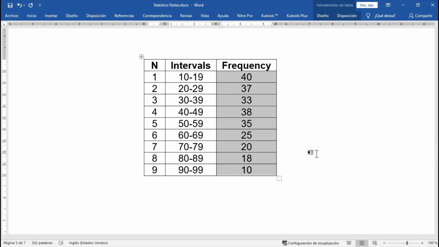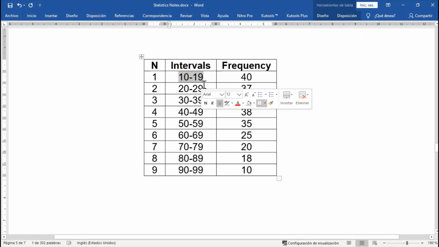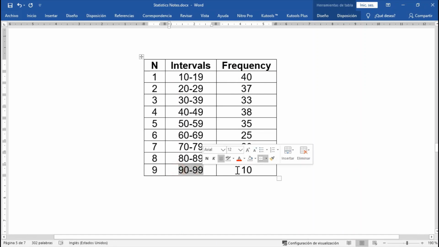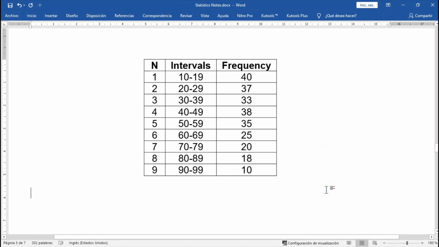The idea is that you can describe statistics in a better way using this distribution of data. Now you can say that, for example, the youngest people were the highest number. You can say that the oldest people were the lowest number in this examination for the vaccine, right?